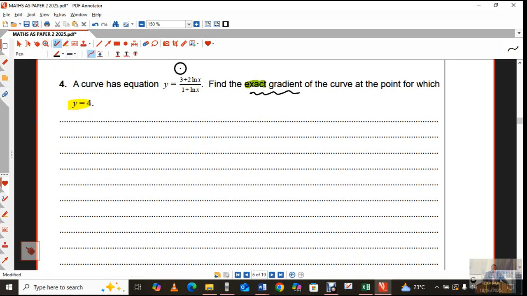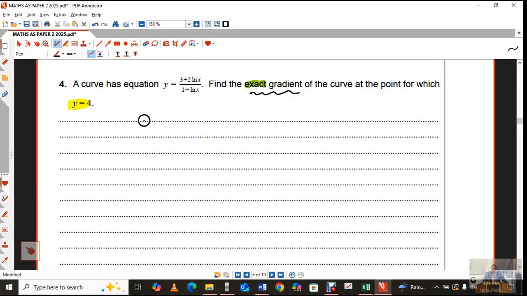And they say at the point for which y is equal to 4, and this is also another light bulb moment. Normally, if you calculate the gradient in terms of x, they give you the value of x. So you'll definitely need to know the corresponding value of x. When you want to find the exact gradient, you're supposed to substitute the x value into your derivative, okay, for you to be able to say what our gradient is going to be.